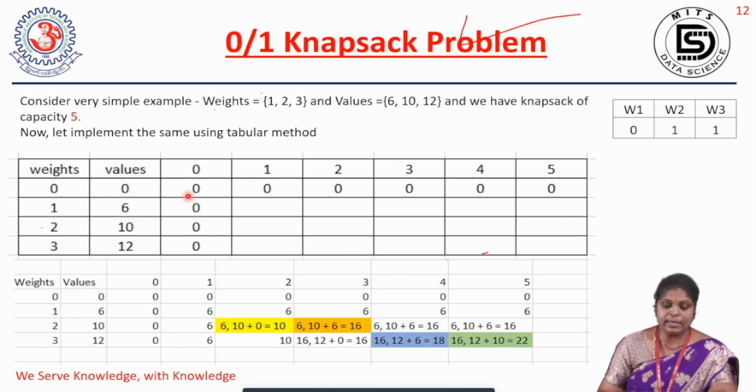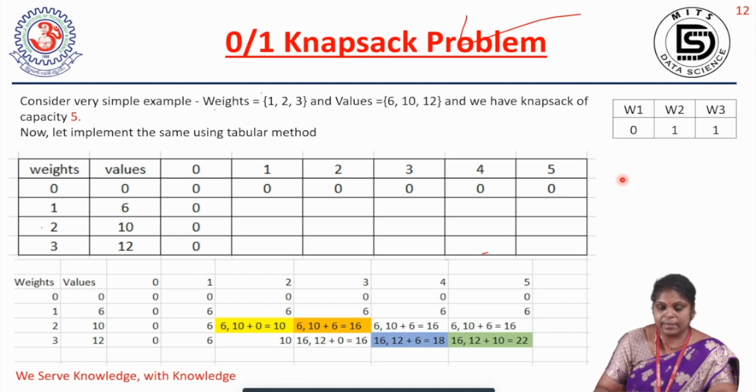Now, coming to how the table is filled, row by row we have to fill. Now the 0th row is completed, go to the first row. In the first row we have only item 1. So item 1, if you see the column 1, what is the meaning of 1 comma 1?